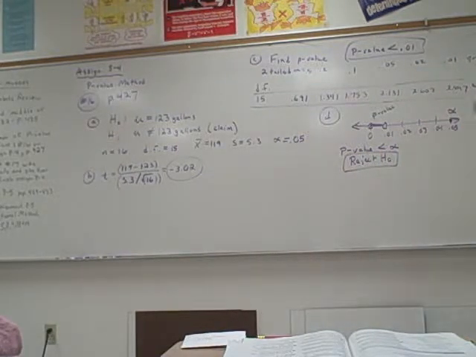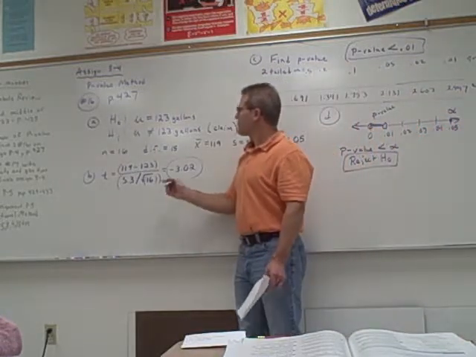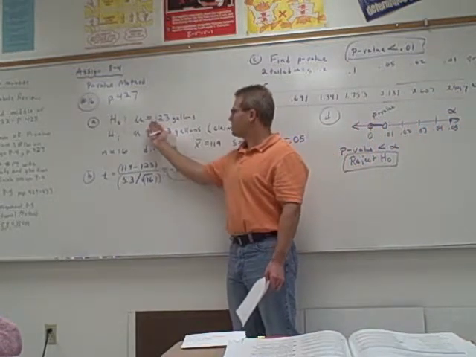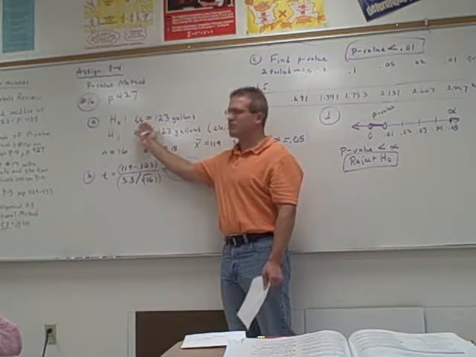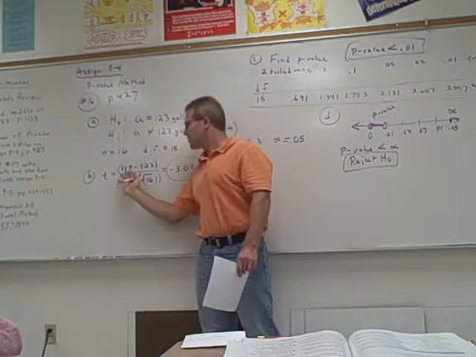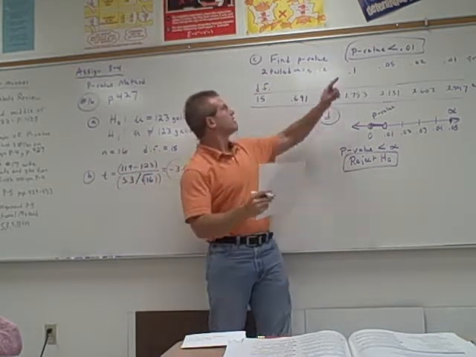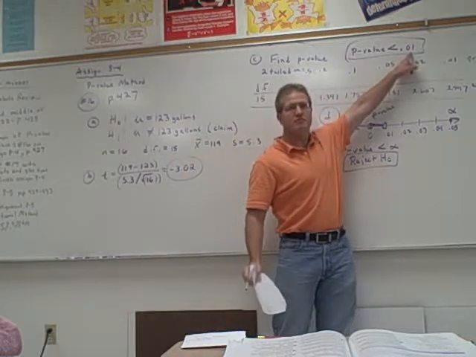And what this is telling me, p-value being less than 0.01, is saying that if the true amount that people actually use is 123 gallons per person per day, then we would get a sample mean of 119 gallons less than 1% of the time.